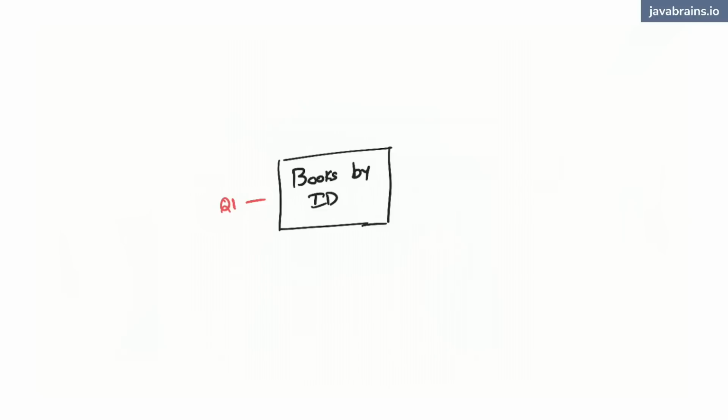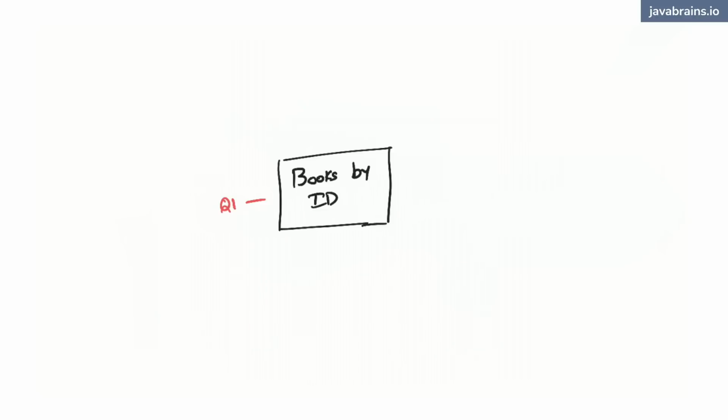So here are some common queries that we need the app to perform. The first query is, given an ID, fetch the book. So I'm going to call this books by ID. You're given a book ID and you want to fetch the book itself.